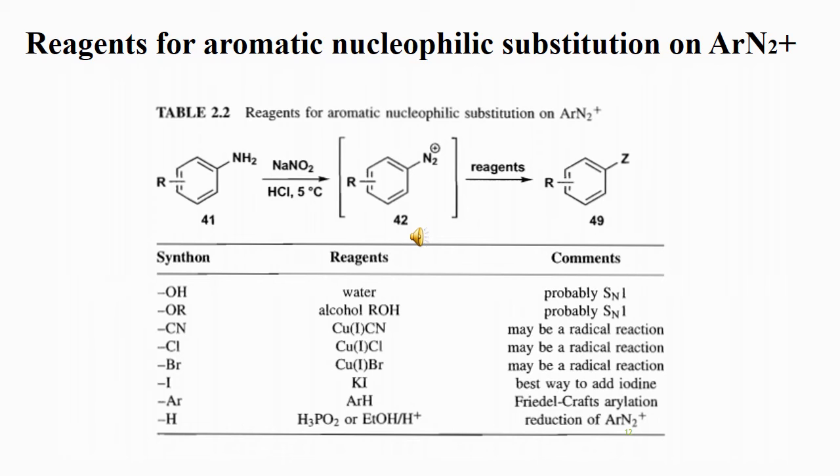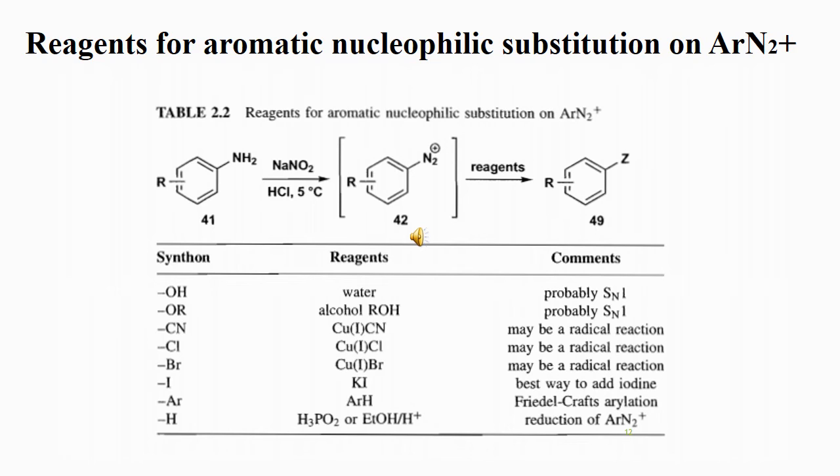The reagents for these can be water, alcohol, cuprous cyanide, cuprous chloride, cuprous bromide, potassium iodide, an aromatic compound, which can be benzene even, and then phosphoric acid, or ethanol in acidic medium.